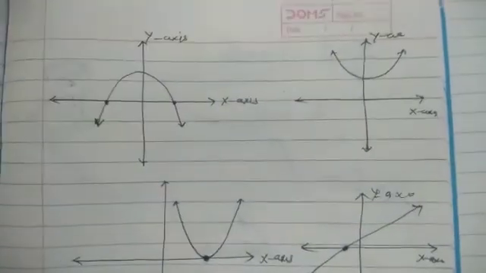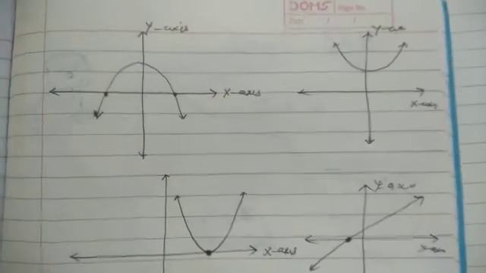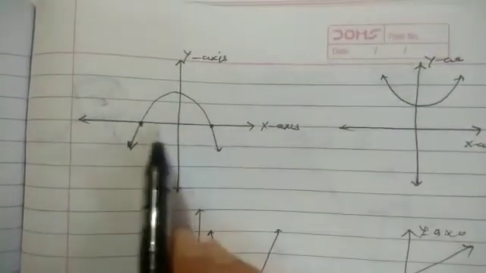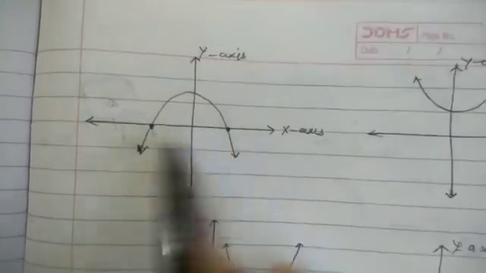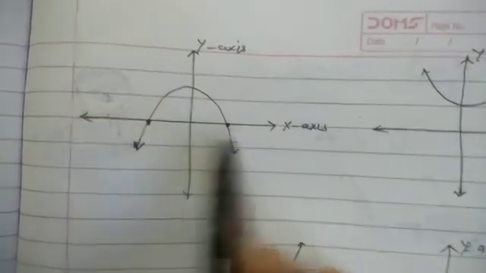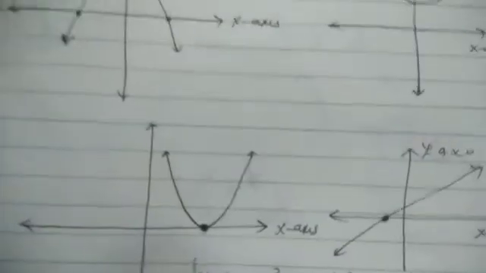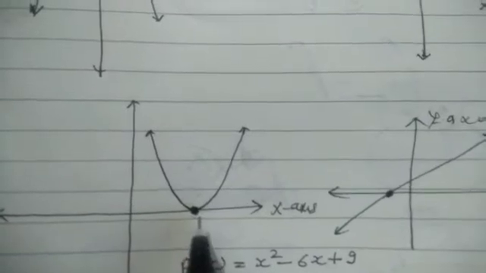Now what I want to say, that if you want to find out the number of zeros from the graph, check only the x-axis. At how many point the graph intersects the x-axis. If it intersect at 2 point, the number of zero will be 2. If it intersect at 1 point, then number of zeros 1.